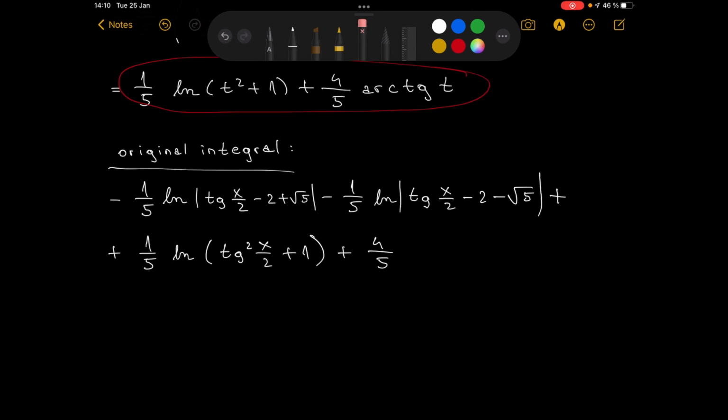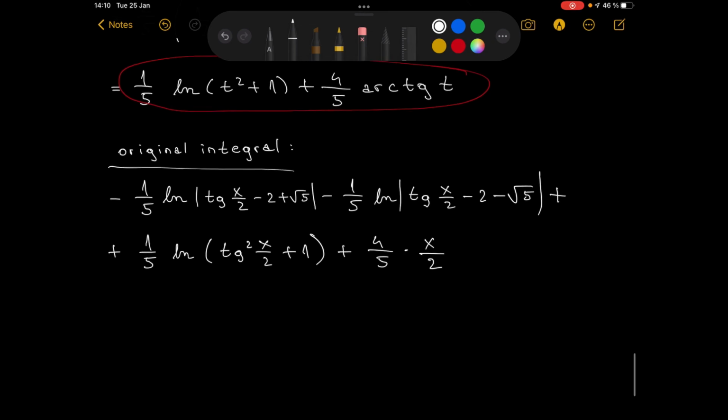So we can just write it down times x over 2. Here we're going to be left with a 2. So this is going to be 2x over 5 in total.